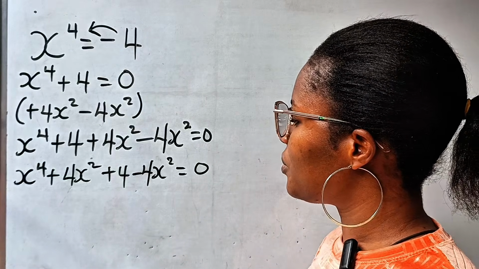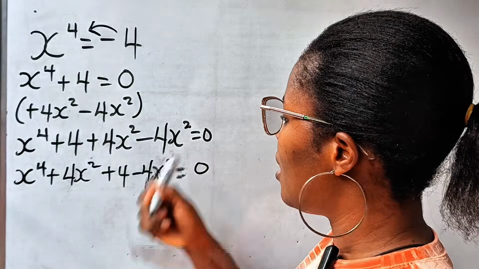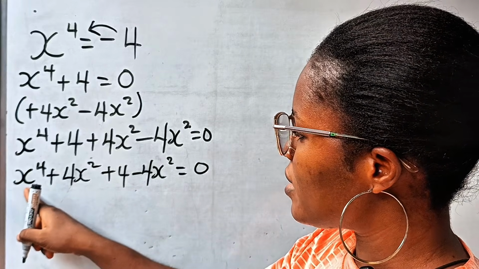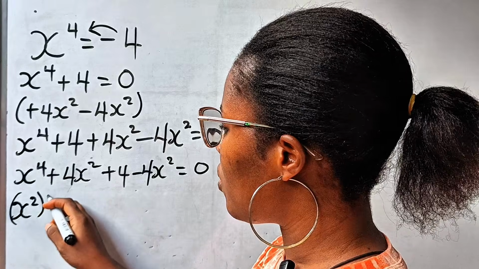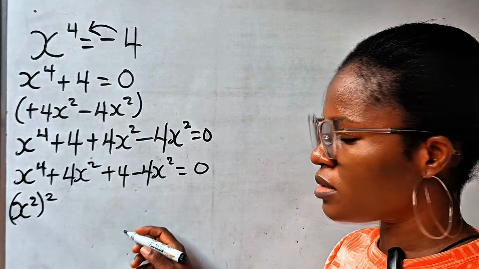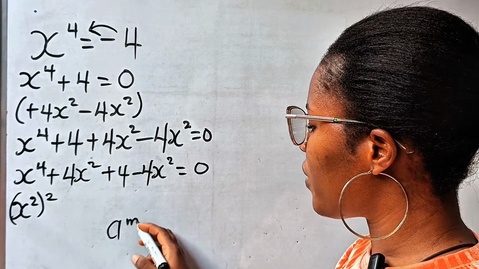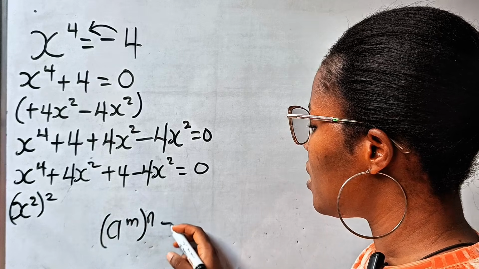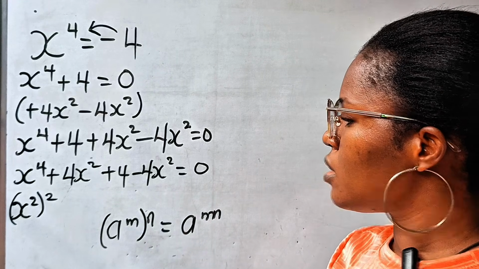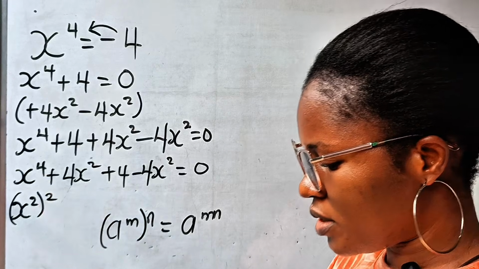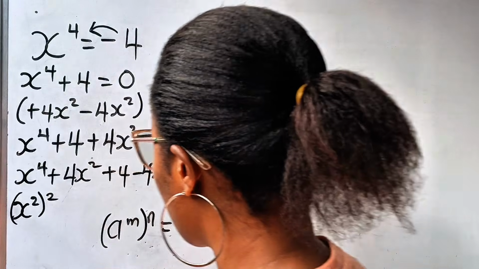All right, now let's continue. Let us rewrite this as x to the power of 2 raised to the power of 2. That is because remember that a to the power of m raised to the power of n is equal to a to the power of m times n, right? So 2 times 2 will still give us 4.